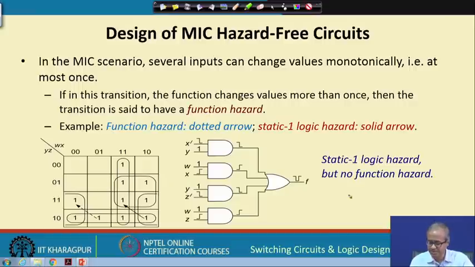What does that mean? Suppose I have realized a function, there are some inputs, and more than one input can change. When more than one input can change, the order in which the inputs finally change will depend on the delays and their variations. So there can be multiple scenarios.